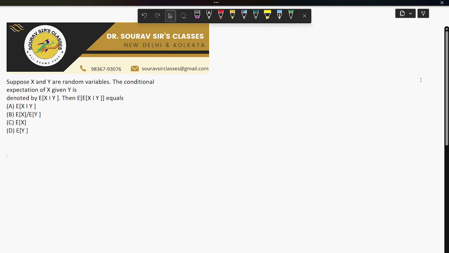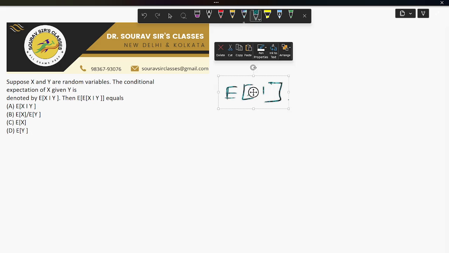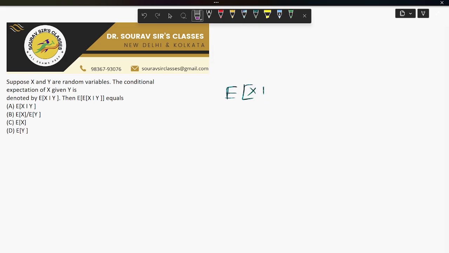We have to understand the notation first, so let us recall some definitions. X and Y are random variables, which means they can take on various values based on some probability distribution. Now the conditional expectation E[X|Y] is the expected value of X given that Y takes on a particular value.